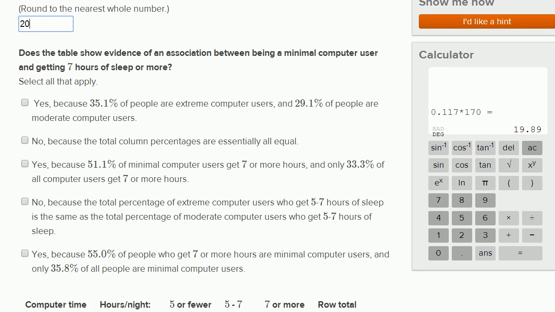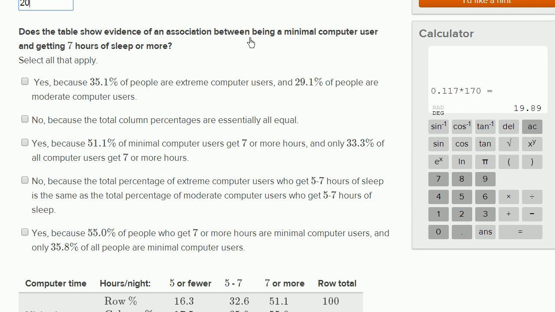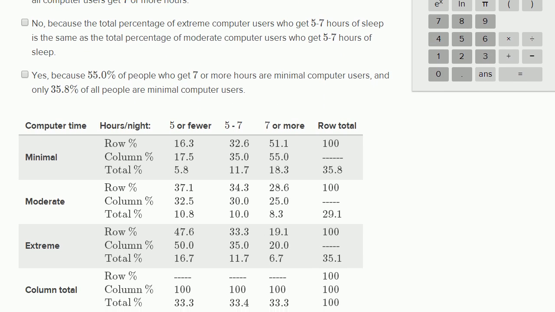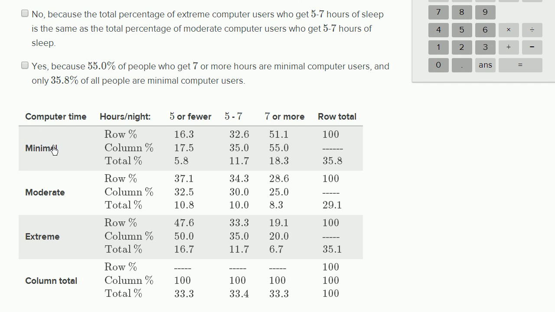They say, does the table show evidence of an association between being a minimal computer user and getting 7 hours of sleep or more? So let's just look at the chart. So it looks like these are the minimal computer users who get 7 or more hours of sleep.